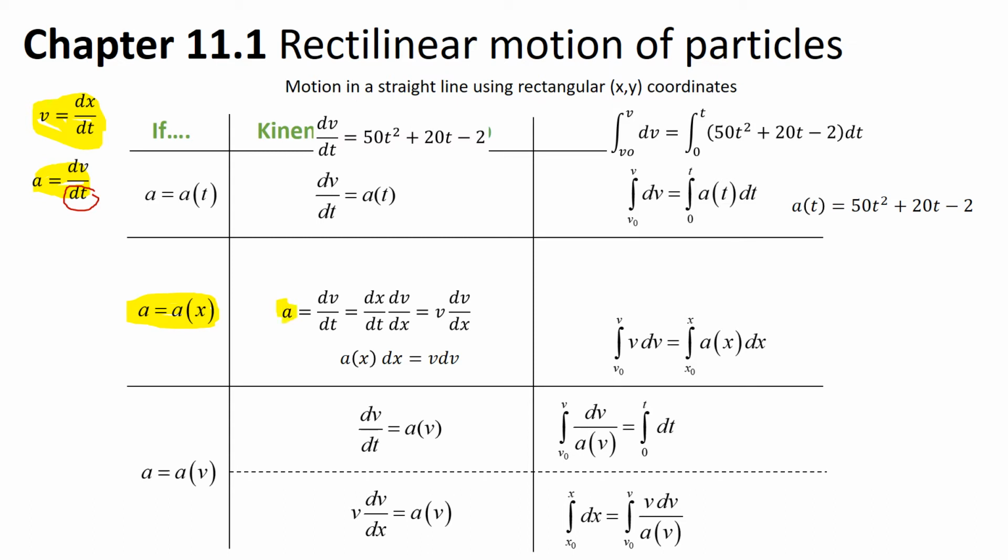Once we have acceleration as a function of position, we can now plug in an equation where we have a bunch of x's instead of a bunch of t's in there. So the two basic equations for acceleration: acceleration equals dv dt, and acceleration is equal to v dv dx. So remember this v dv dx. This is a big deal.